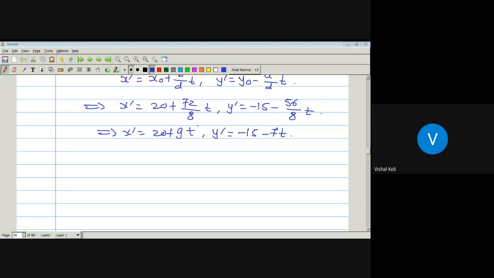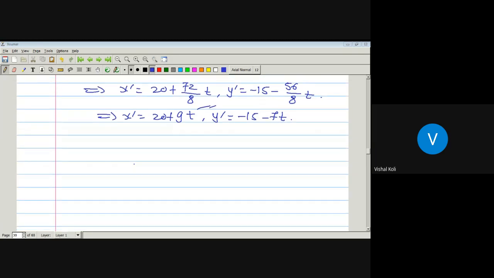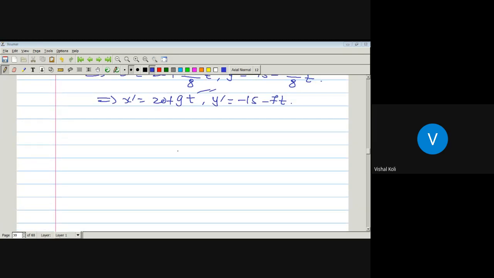It varies whenever we change the value of t. For each value of t, we will get one solution of the given linear Diophantine equation. Now we have to check whether this has a positive solution or not. So for that we consider x dash and y dash greater than 0. Whenever x dash is greater than 0, which implies 20 plus 9t is greater than 0, which implies 9t is greater than minus 20, which implies t is greater than minus 20 divided by 9.